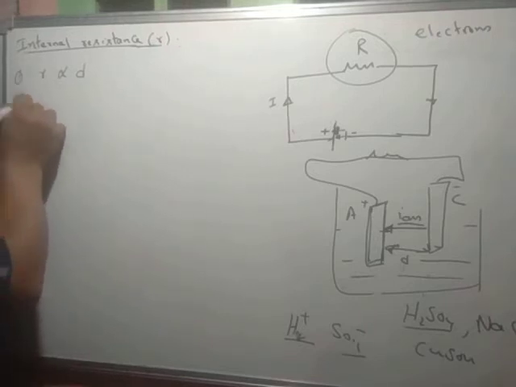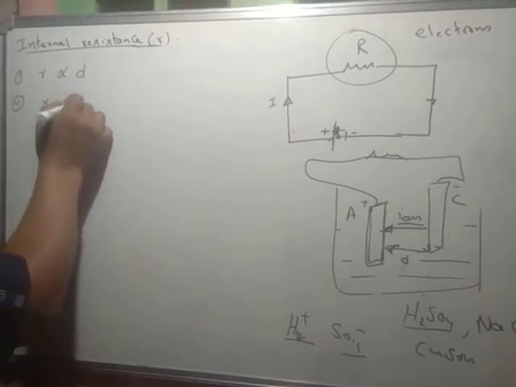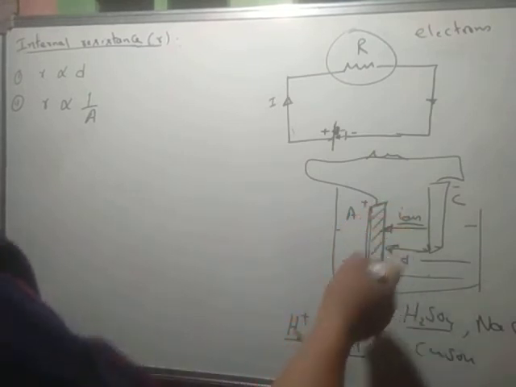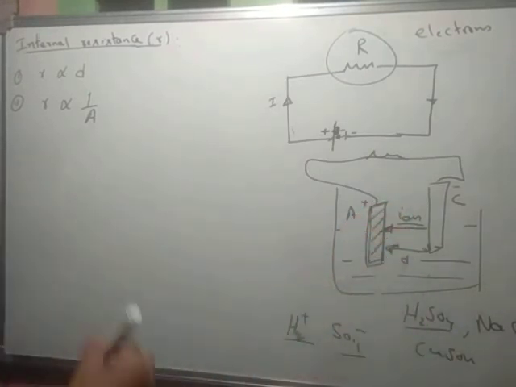The second factor is that the internal resistance of a cell is inversely proportional to the area of the plates of the electrodes, which means when the area of the electrodes is large, the internal resistance will be small, and if the area of the plate is small, the internal resistance will be large.